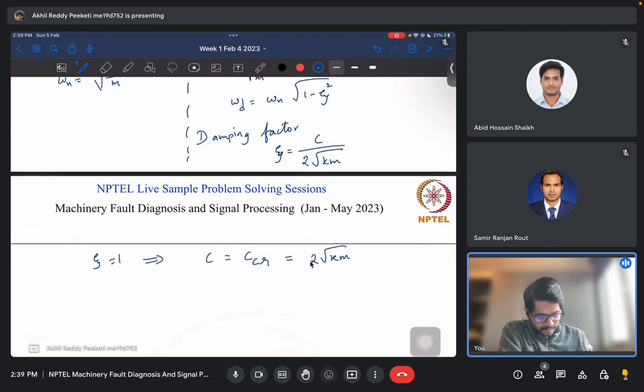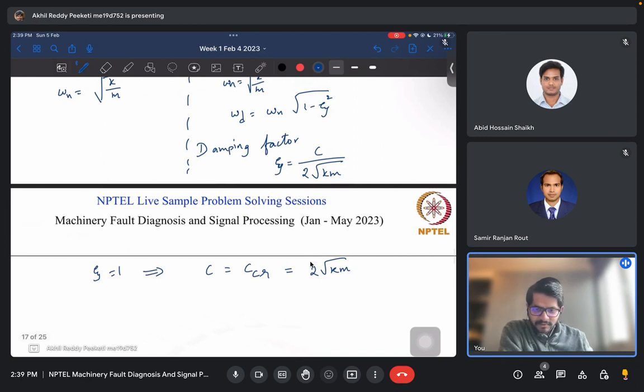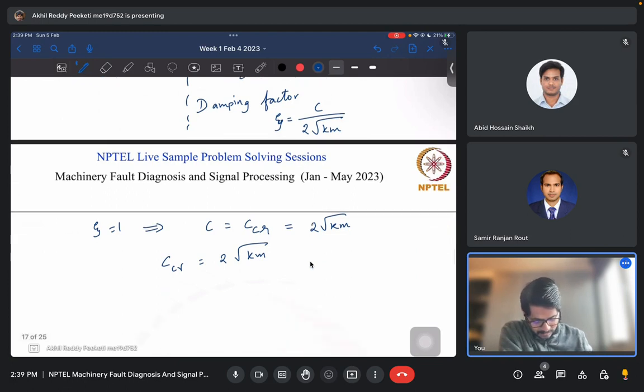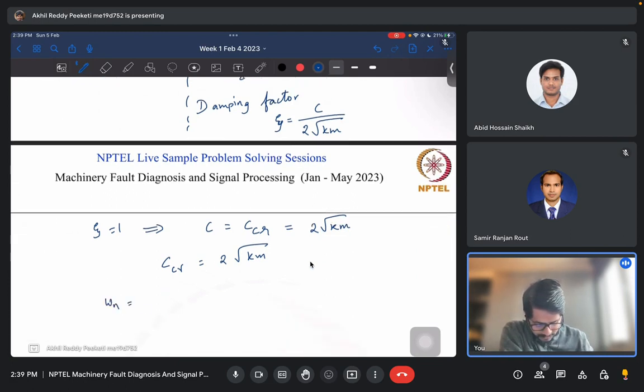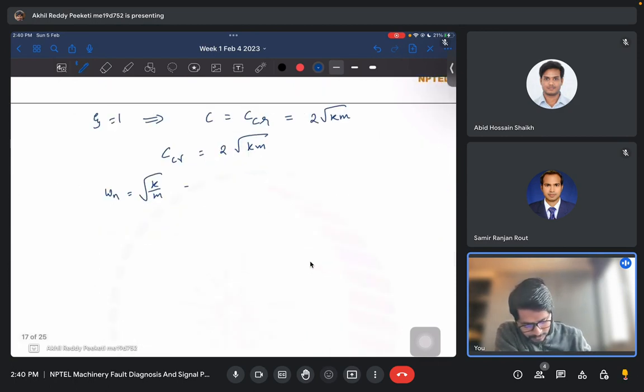Now there is one more way to write this critical damping coefficient, if you want to write it only in terms of mass and natural frequency. Because natural frequency is root k by m, you can write omega n square is equal to k by m, and k is equal to m into omega n square.